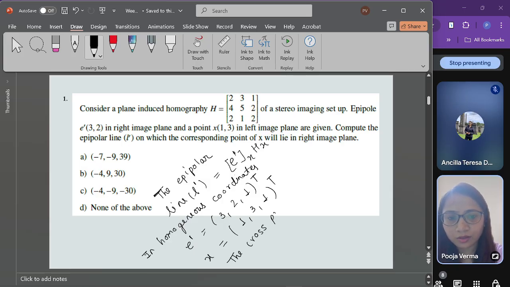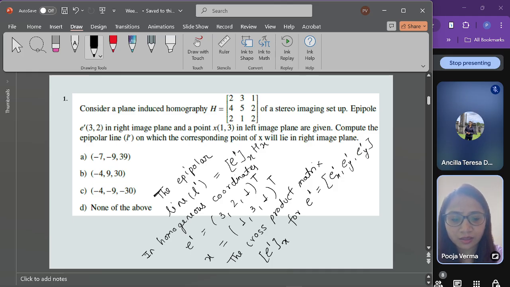The cross product matrix is called E dash cross X for this epipole E dash.